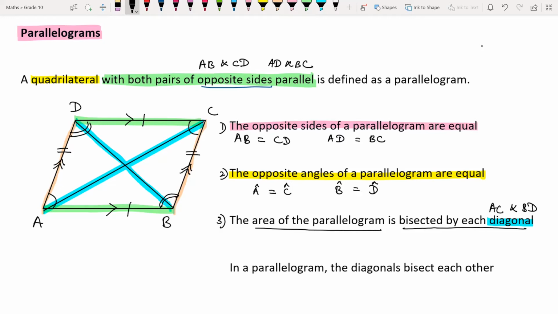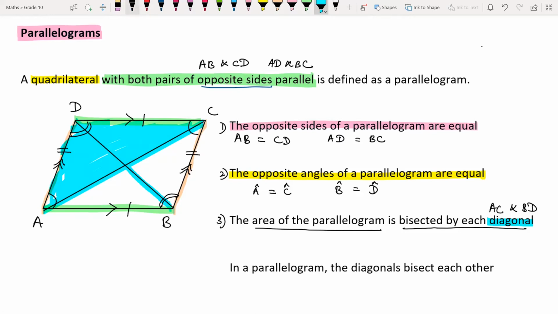If you consider diagonal AC, because of this diagonal AC, this area of the parallelogram is exactly equal to the other part.